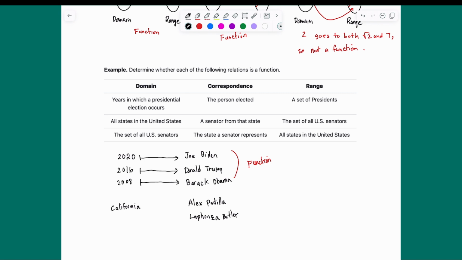So California would get mapped to Alex Padilla and Laphonza Butler.